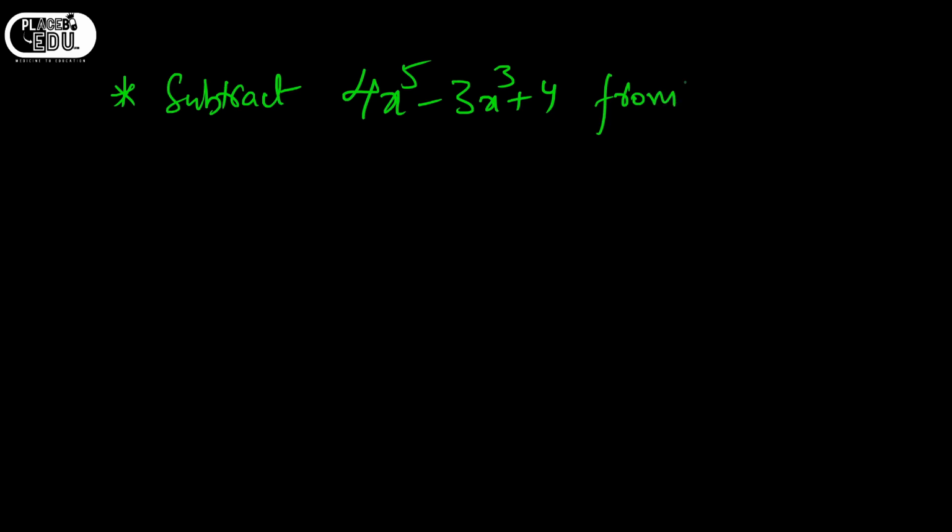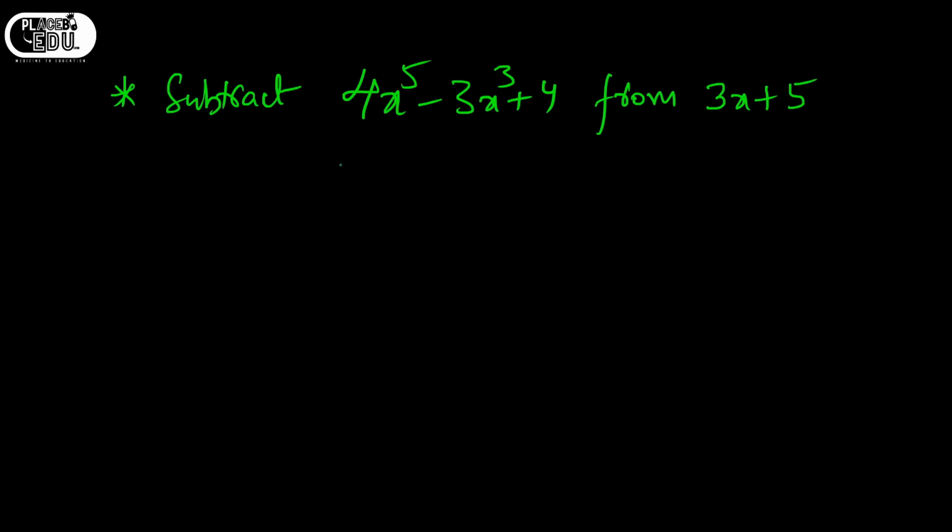Next one is subtraction. Subtract 4x power 5 minus 3x cube plus 4 from 3x plus 5. What we have to do is the same process.